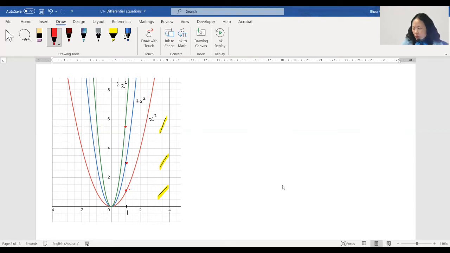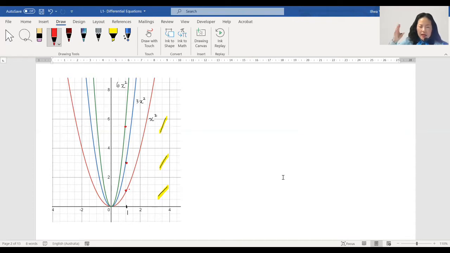So the bigger the gradient value, the steeper the actual graph will be. In reverse, we could say the smaller the gradient values, the more the graph will be flattened out. If it's steeper, it's going vertically, and flattening out is like horizontally.